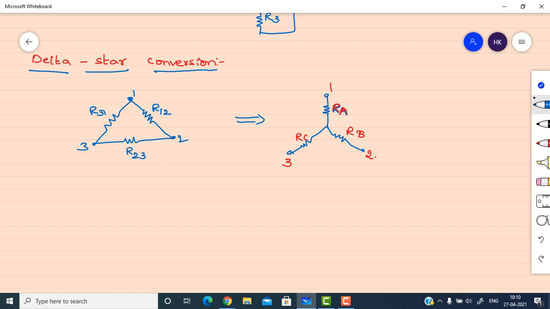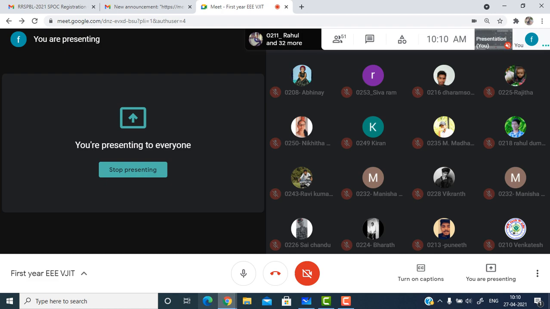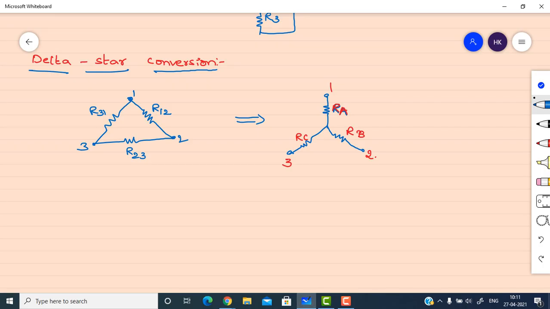Is R12 the known value or RA the known value? R12 is the known value. These are the known values and we are converting these into star. So we don't know this value, and we have to derive RA in terms of R12, R31 and R23.